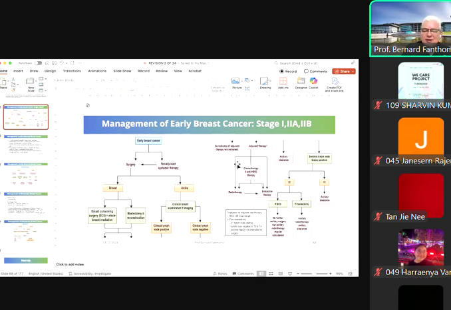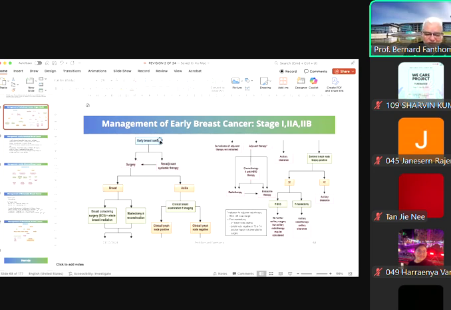Adjuvant therapy. Adjuvant means added on. Neoadjuvant means given before surgery. So, in early breast cancer, we will talk only of adjuvant. The neoadjuvant, which is coming up, are special cases which, when we have time later, we will discuss. For the present, ignore this part.